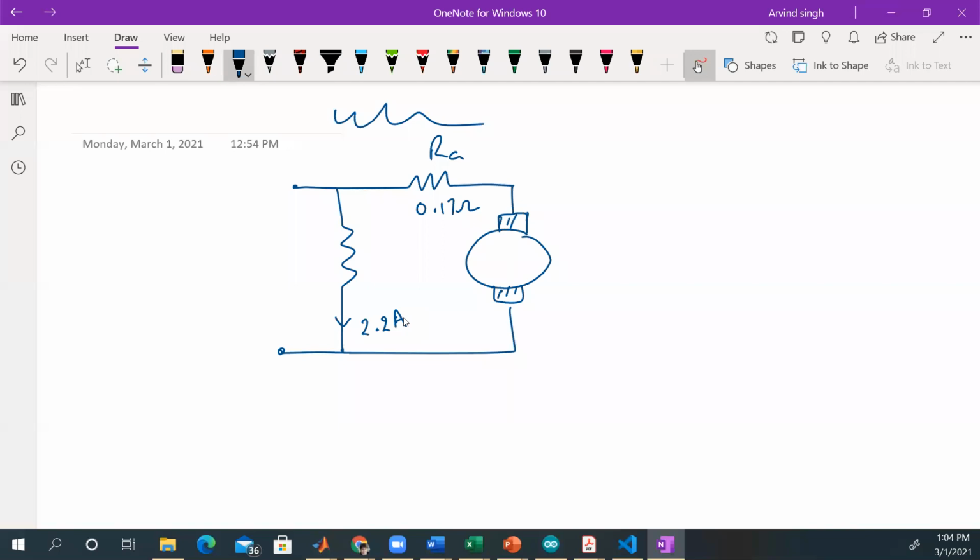And we are told that at rated, when we apply the rated voltage, we have rated speed, rated output. Armature current is 110 amps, right? The input is 230 volts. And the output is 30 horsepower.